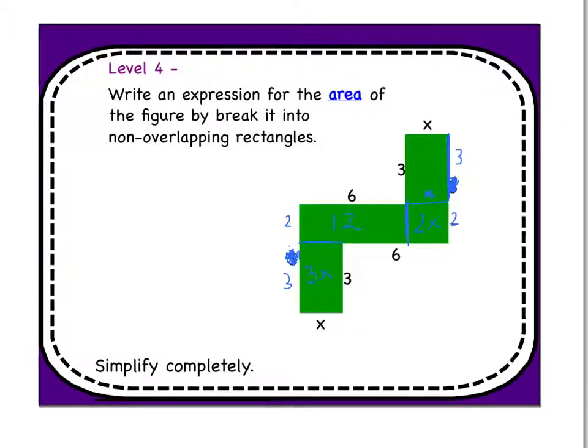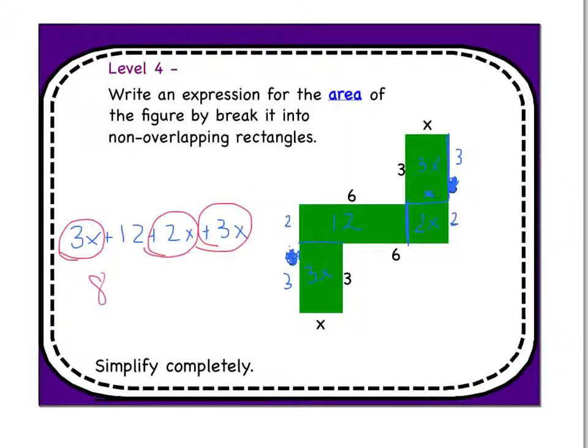Here we have 3 times x, so that will give us 3x. But in the end, we need to add all of our like terms together. So we have 3x plus 12 plus 2x plus 3x. Our like terms are 3x plus 2x plus 3x. So we have 5, 6, 7, 8 x's plus we have 12. That would be our final answer.